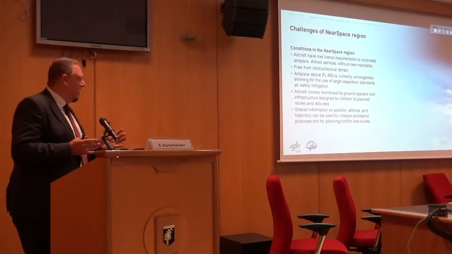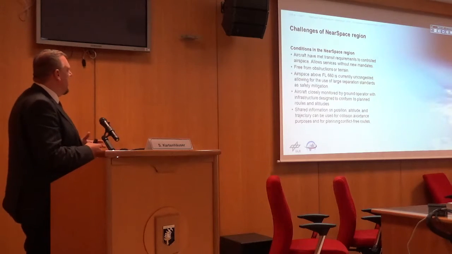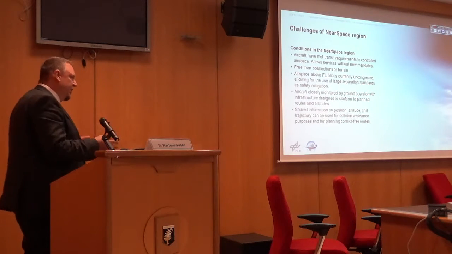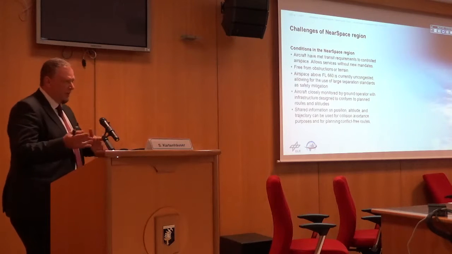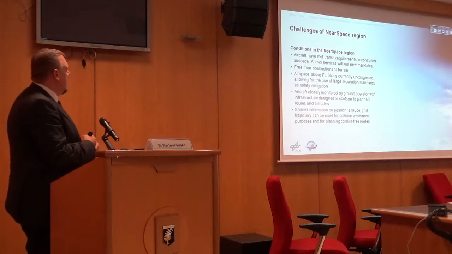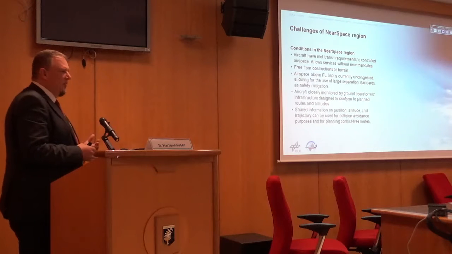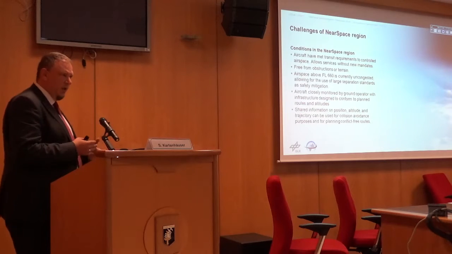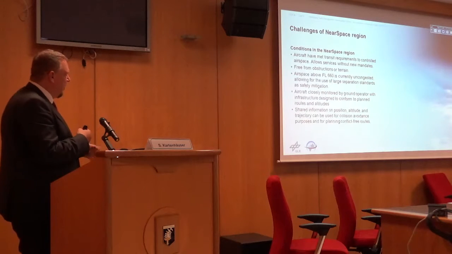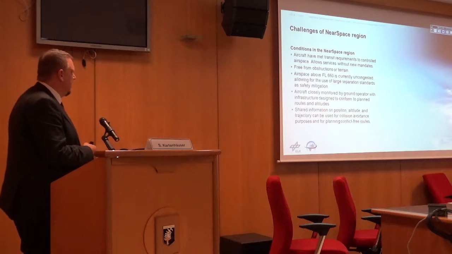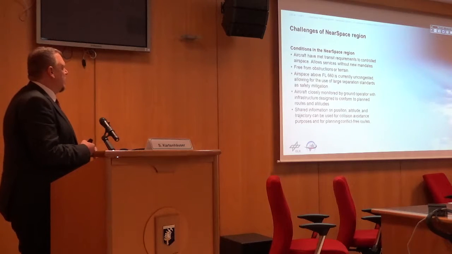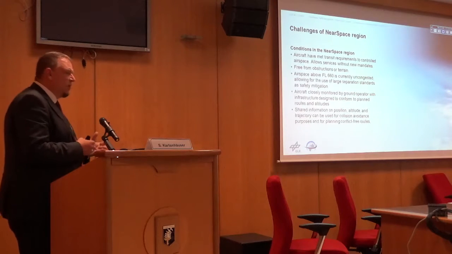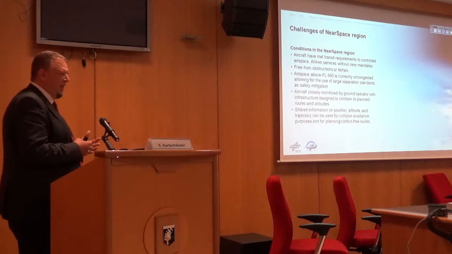Besides, we don't put any kind of restricted airspace in that part. It is currently quite uncongested, and even with all the concepts coming, I think we're talking about a more uncongested environment than if you're somewhere near an airport, for example. And we usually have aircraft or vehicles which are very closely monitored by a ground operator. So you have a lot of operational parameters from those vehicles actually available on the ground. So shared information on position, altitude, trajectory we can use maybe also for collision avoidance and also for planning conflict-free routes.